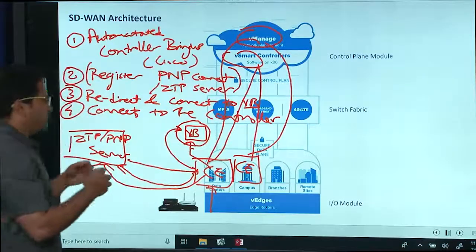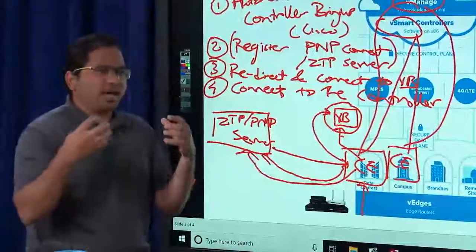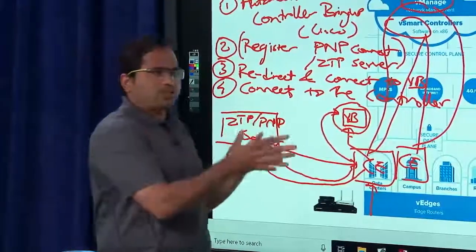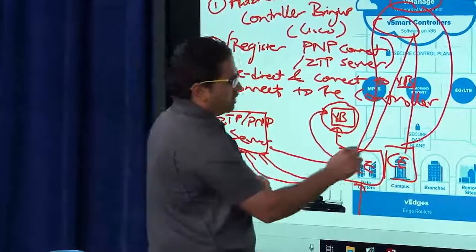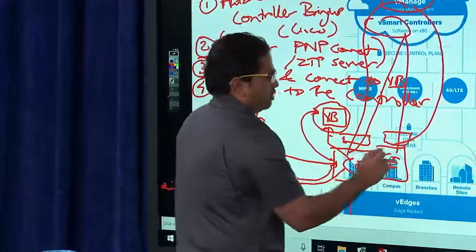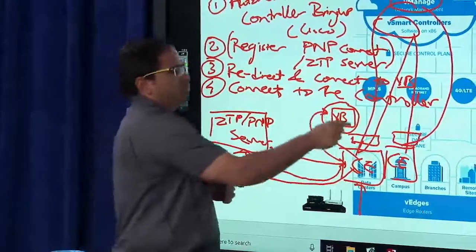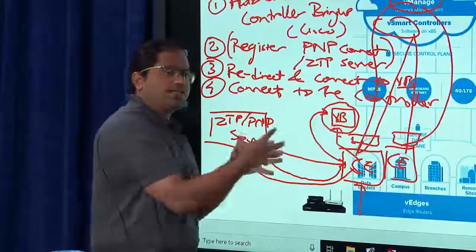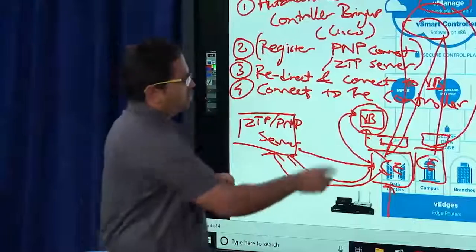Essentially, if you're aware of what a STUN server is, the vBond acts as a STUN server apart from actually being a redirection or call home device as well. So all the NAT translations that happen for circuits that are connected to the edge devices are visible to the vBond. Hence, the vBond is the only component that has to be publicly available.